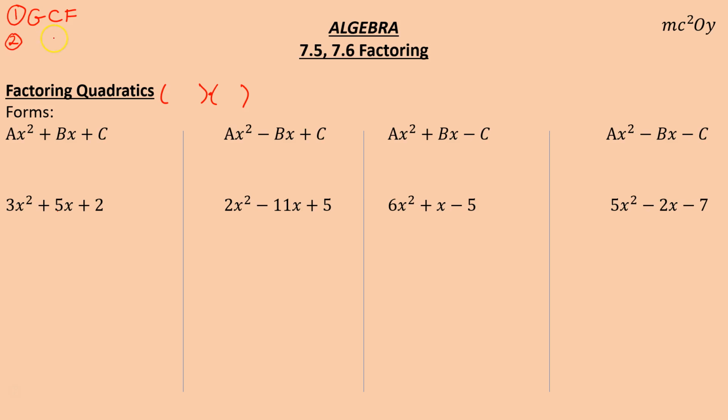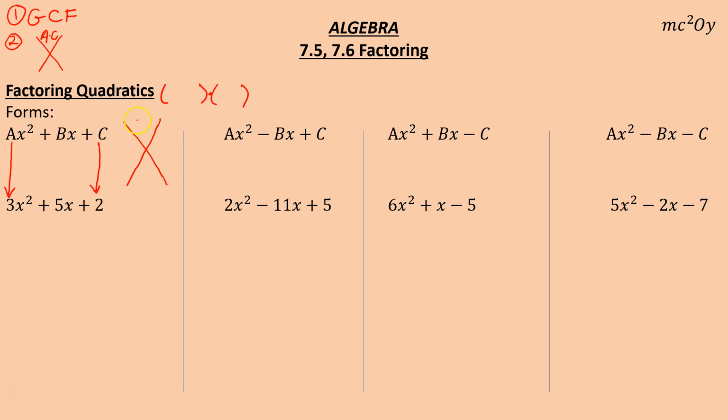In step 2, I'm going to show you this visual here, and then I'll explain it with the first problem. You're going to identify A and C, and multiply A times C, and put it in that little X here. There are 4 positions you're going to fill out.